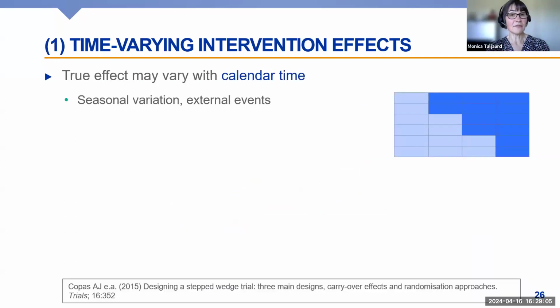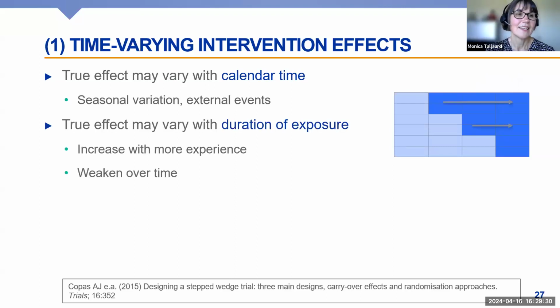The fact is that the intervention effect could actually vary over time. And there are two ways it can vary. It can vary with calendar time. In other words, the effect of the intervention in the clusters receiving it first could be different than the clusters receiving it later. And that could be because of seasonal variation. It could be because of external events like pandemics.